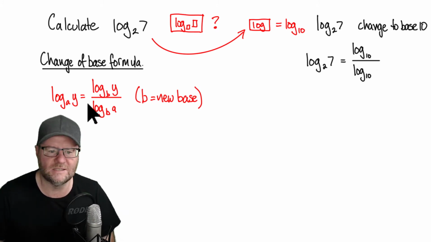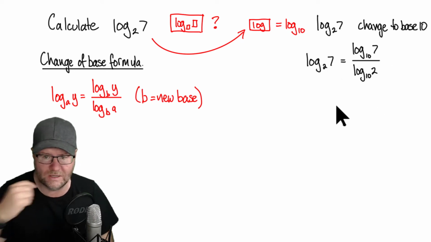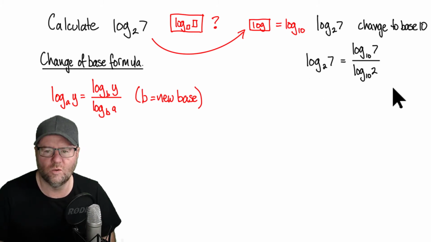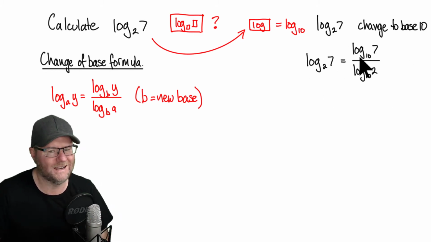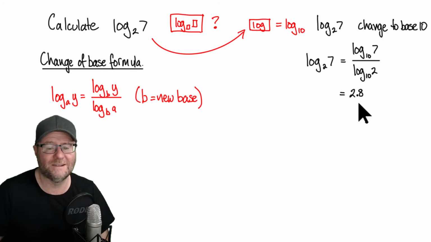And according to this, the original base goes on the bottom, and this value here will go up to the top. So my 7 goes to the top, my 2 goes to the bottom. I've now rewritten this with its new base of log 10. And the beauty of that is I can use this button now in my calculator to solve it, and I get a value of 2.8.